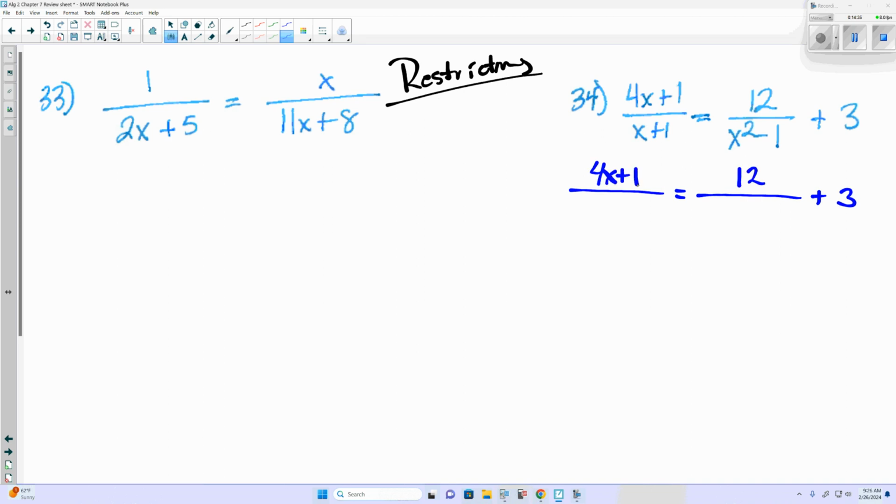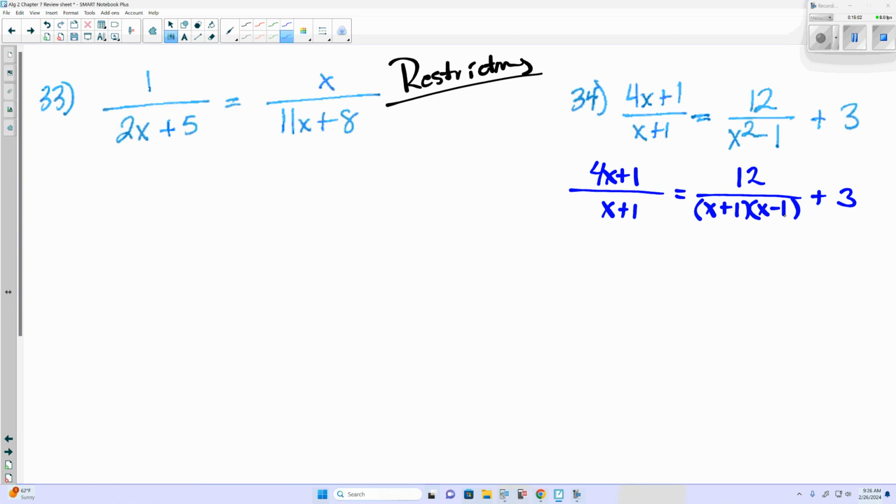The only reason we didn't do that on the last one was because x squared minus 27 didn't factor. And the one that factors here is our x squared minus 1. It's a difference of perfect squares, telling us that the two factors are x plus 1 and x minus 1.